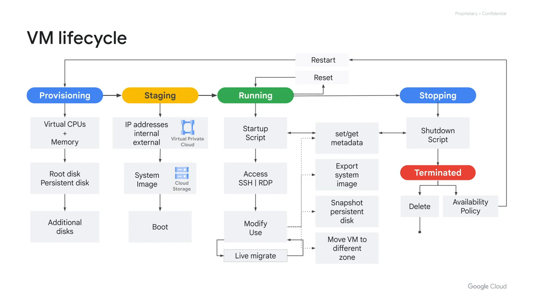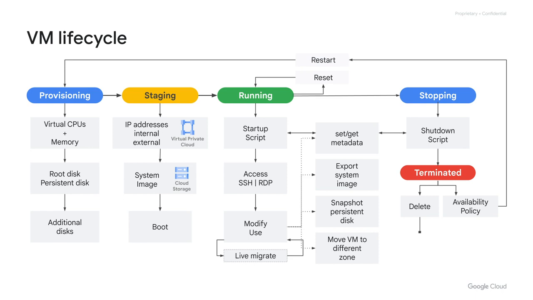Next, the instance moves to the staging state, where resources have been acquired and the instance is prepared for launch. Specifically in this state, Compute Engine is adding IP addresses, booting up the system image, and booting up the system. After the instance starts running, it will go through the pre-configured startup scripts and enable SSH or RDP access.